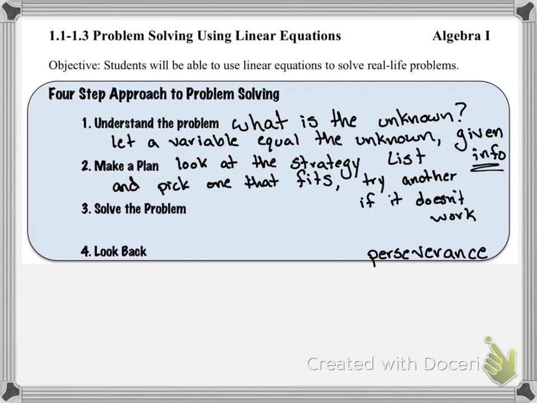So if your first plan doesn't work, go back, pick a different one. Pick something else. Try something else. It's perseverance. Okay. Next, solve the problem. This is actually carry out the plan. Actually do what you said you were going to do in step 2.